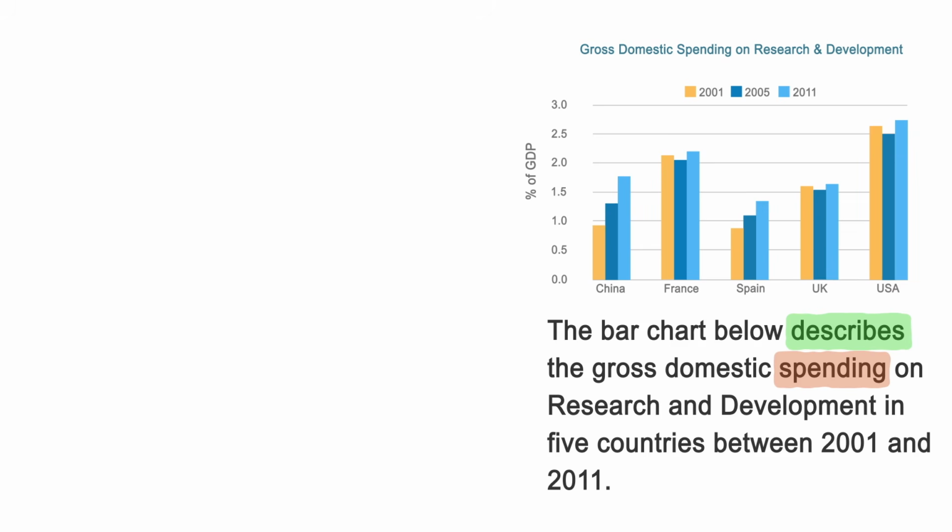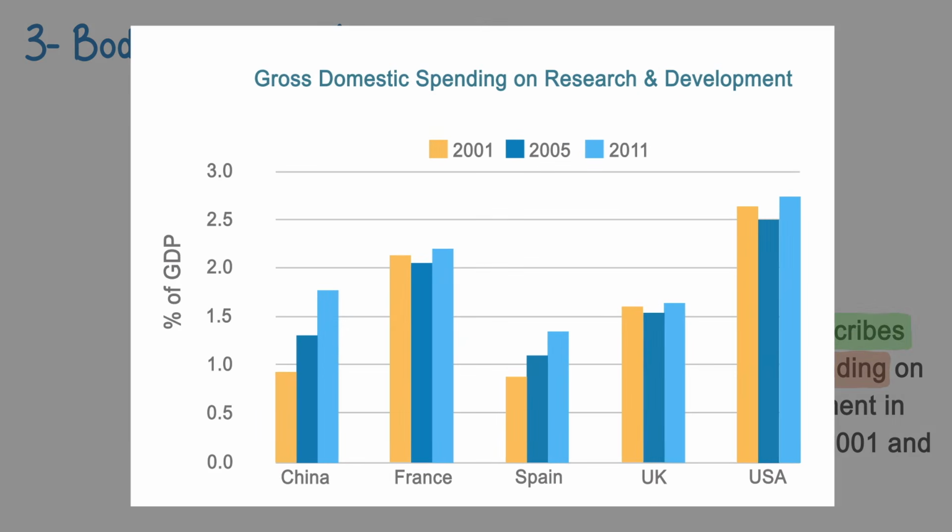All right, now let's start writing our first body paragraph. Let's take a look at our chart. As you can see, the USA spent the most on R&D in all 3 years. And it increased from, let's say, around 2.5% in 2001 to, let's say, 2.8% in 2011.